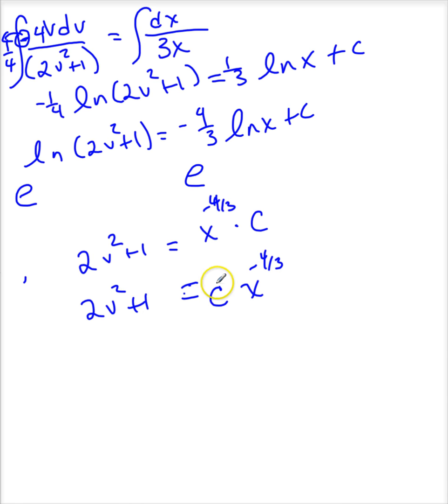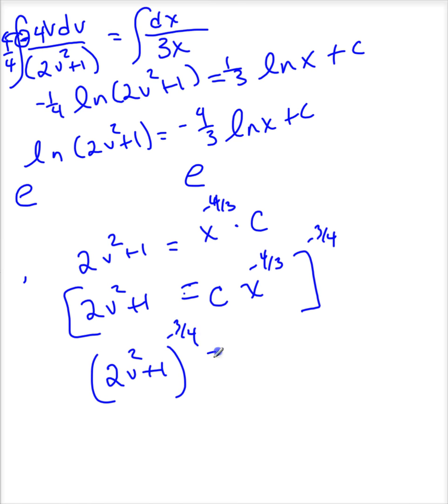Now I don't like that minus 4/3, so let me raise everything to the minus 3/4. So this becomes 2v squared plus 1 to the minus 3/4 is equal to, now this is still some constant, times x. At this point in time, we're just sort of going around in circles.